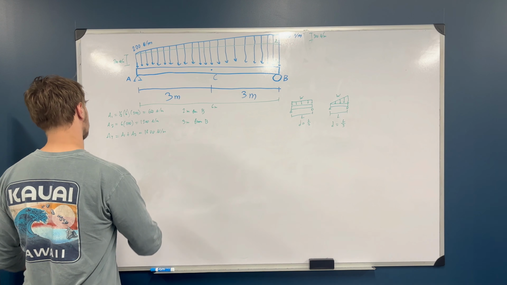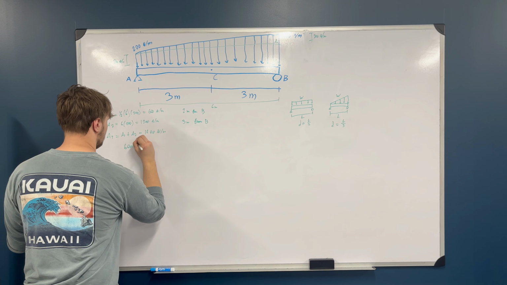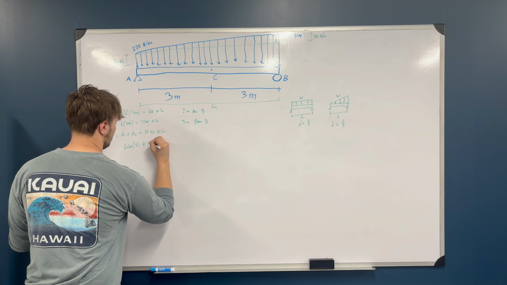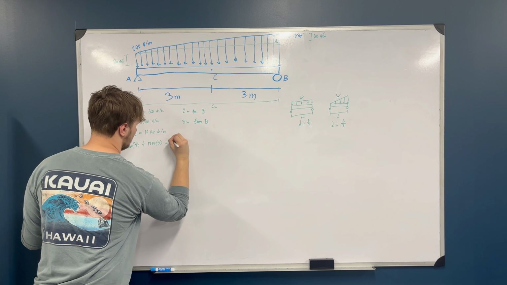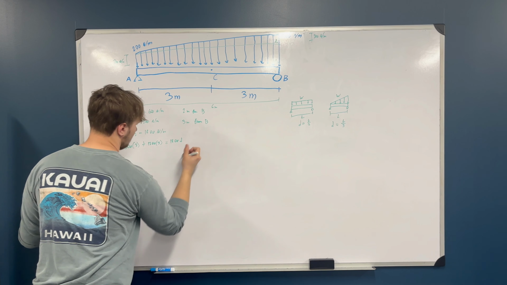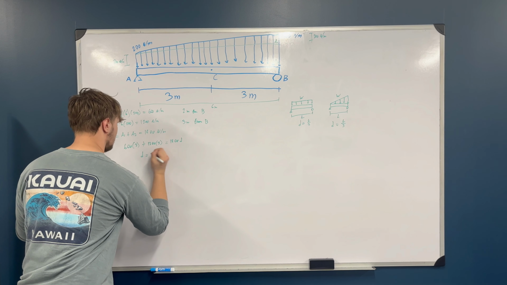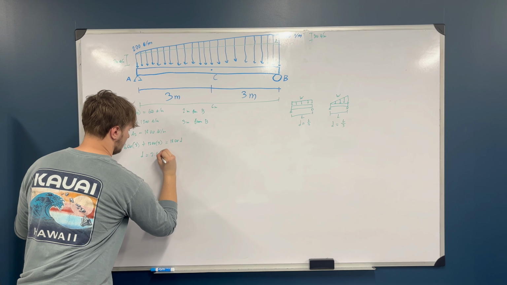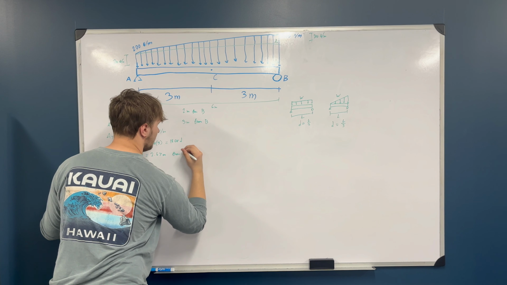This is where this equation comes in: 600 times 2 plus 1200 times 3 equals 1800 D. Solving for D, it's 2.67 meters from point B.